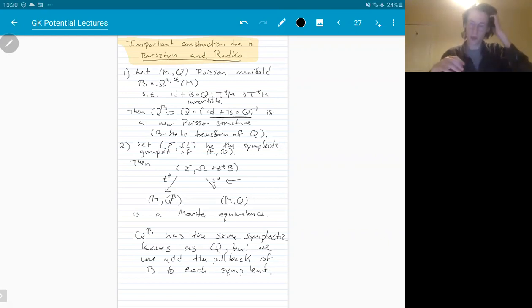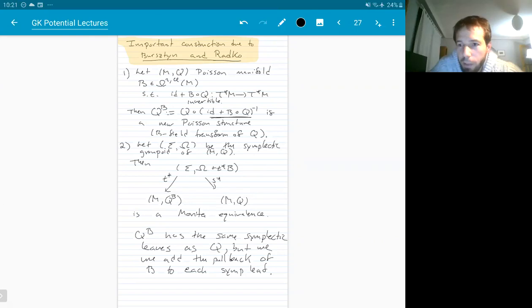Remember, a Poisson structure induces a decomposition of your manifold into leaves that have symplectic structures. If you have a global closed 2-form B on the manifold, you can pull it back to each leaf, and that changes the symplectic structure. If B is small enough, it will remain invertible. That's how you can change the Poisson structure. Since you're not changing the symplectic leaves at all, you get something that's Morita equivalent. This is the construction of Burson and Radko.